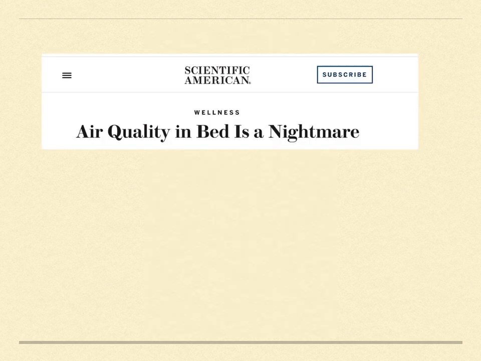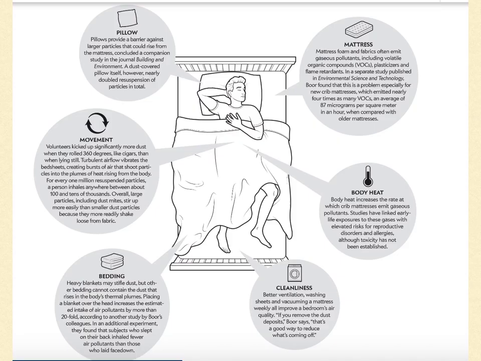We have a lot of non-scientific literature that is gradually picking up on these topics. So this is from Scientific American, where they're talking about the air that we breathe when we're in bed at night. So about 8 to 12 hours in 24 hours, we are sleeping on a mattress.